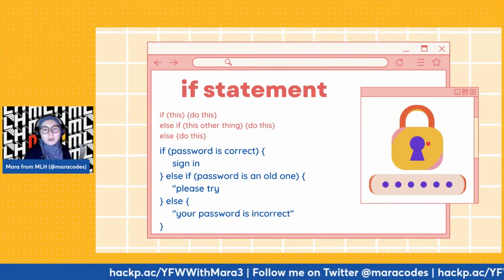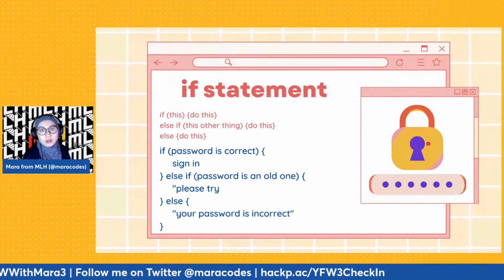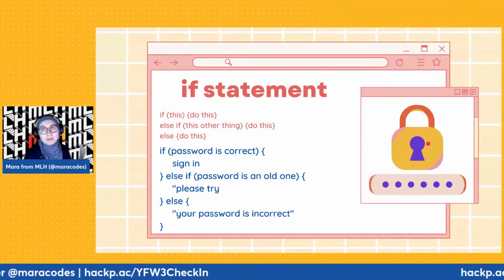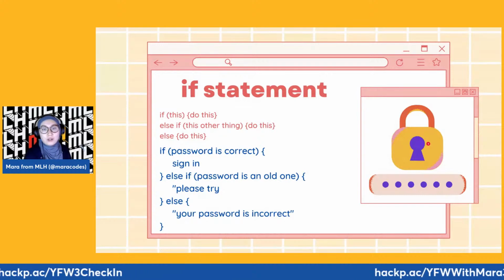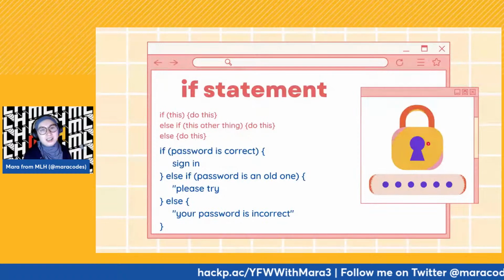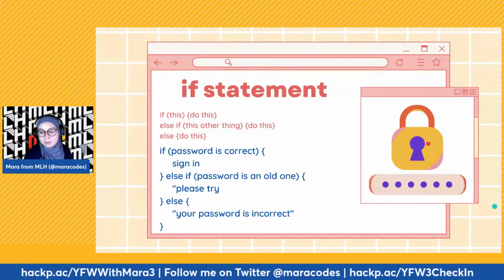Else if your password is an old one, it's going to tell you, please try again, that's an old password. Else, if it's neither of those two, if it's not correct and it's not an old one, it's just going to tell you your password is plain old incorrect.